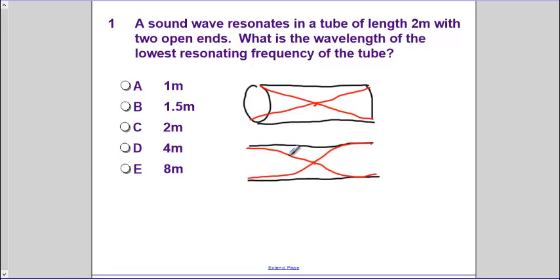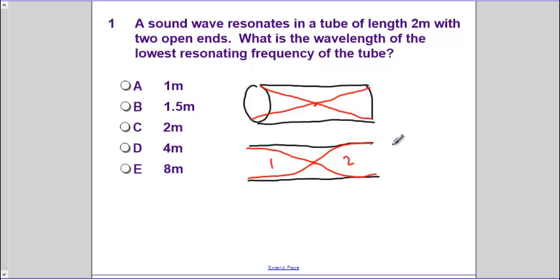Forgive my art. Now my first question is, what is the number of quarters that we have present? Here's 1 quarter, here's 2 quarters. Waves are made of 4 total quarters.